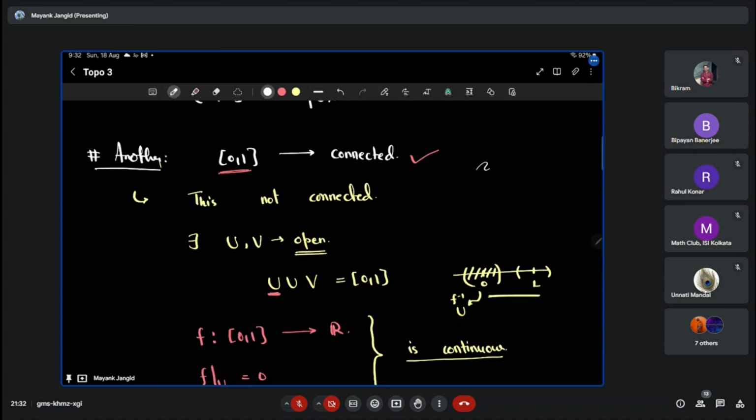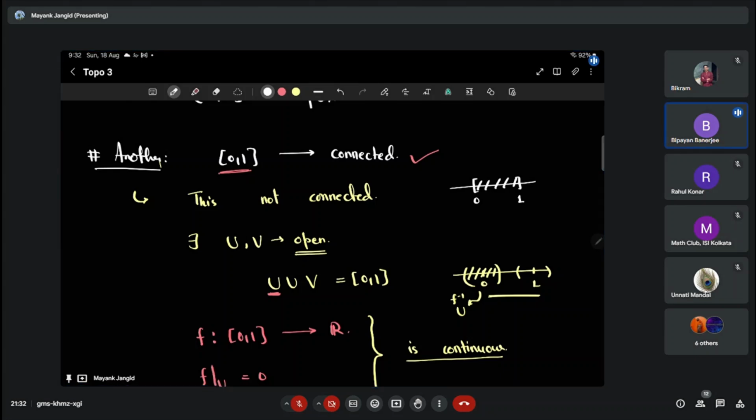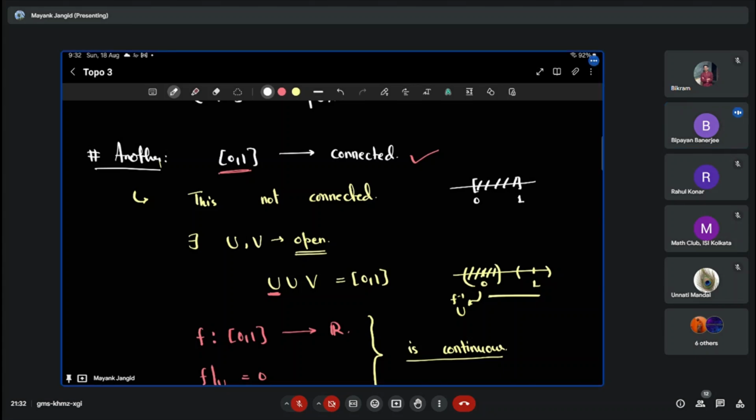See, my topological space X over here is this set 0, 1. So you can view this as a metric space, or you can view this as a subspace of R. Both are equivalent. Okay, what is your question?